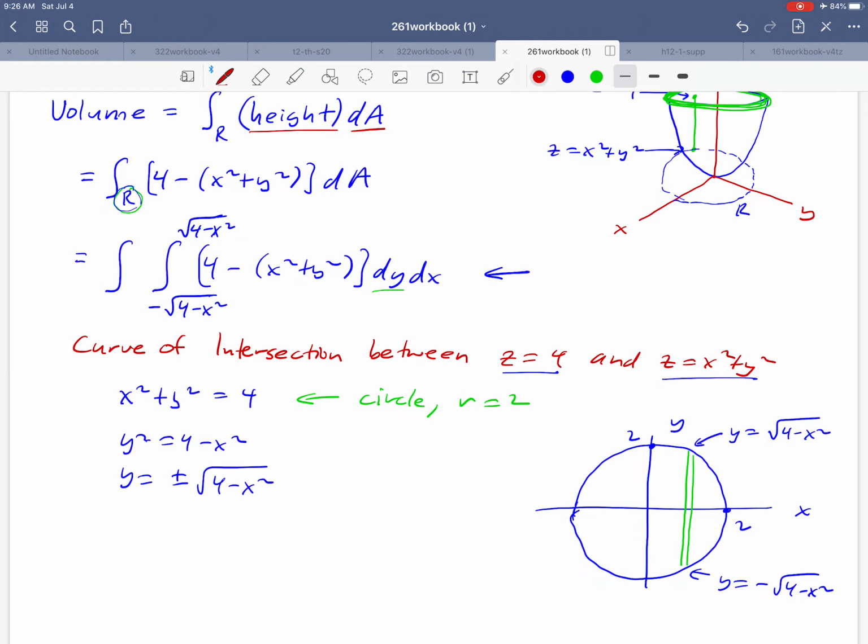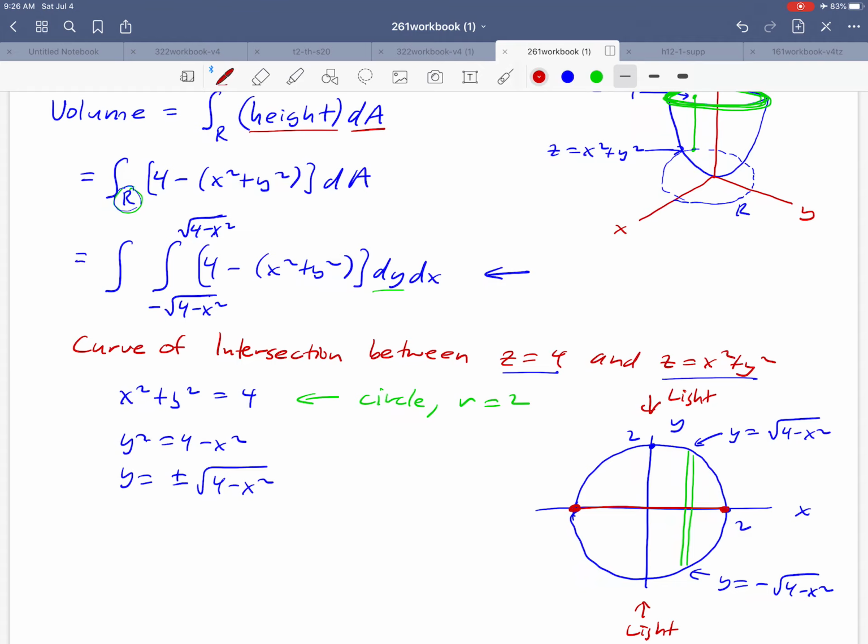This time, notice that part of our region is below the x-axis, so we're going to be shining a light from the top and the bottom to get our shadow. If you do that, your shadow is going to be sitting here.